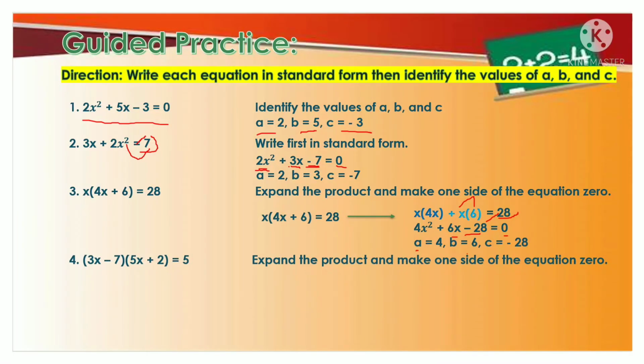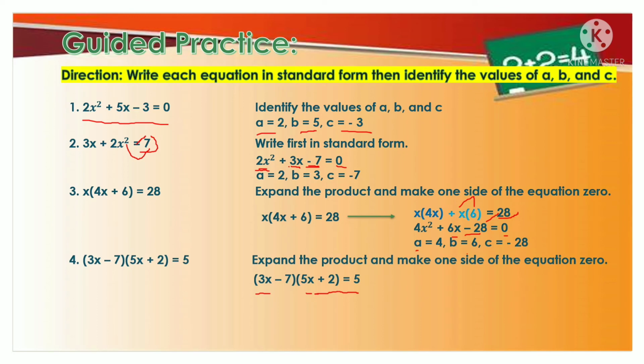Equation number 4 is the quantity of 3x minus 7 times the quantity of 5x plus 2 equals 5. Expand the product and make one side of the equation 0. So again, our equation, we have the quantity of 3x minus 7 times the quantity of 5x plus 2 equals 5.